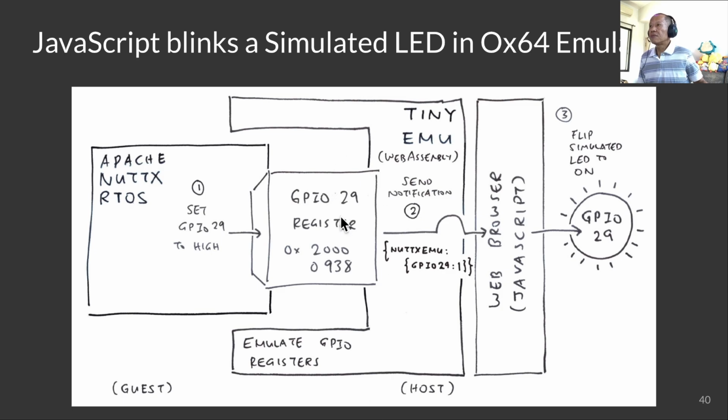Our emulator sends a notification to the web browser JavaScript so that it renders the simulated LED in HTML, flipping it on and off. Ox64 emulator becomes really helpful when we start emulating onboard peripherals like GPIO and LEDs.